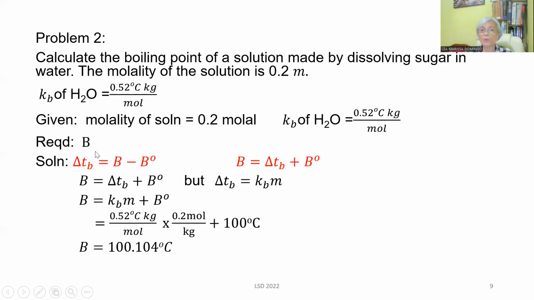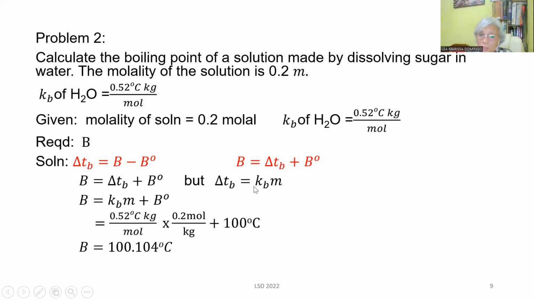We are required to solve for the boiling point of the solution. We know that delta T sub B is equal to boiling point of solution minus boiling point of pure solvent, such that the boiling point of the solution, which is the unknown, is the sum of delta T sub B, which is the boiling point elevation, and the boiling point of the pure solvent.